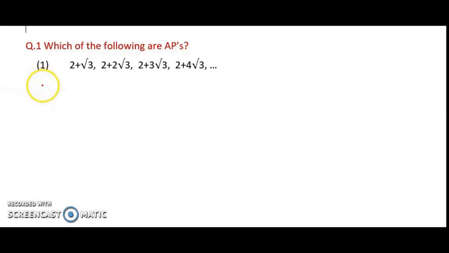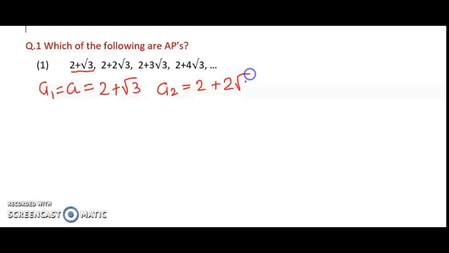So let's see here, the first term is given as 2 plus root 3. The second term is 2 plus 2 root 3. The third term is 2 plus 3 root 3. The fourth term is 2 plus 4 root 3.